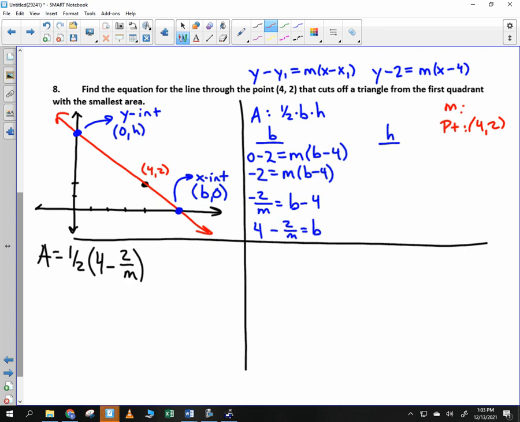Now I'm going to do the same thing for h. Notice my equation for my line. What am I going to plug in for x and what am I going to plug in for y? 0 for x and h for y. So I get h minus 2 is equal to m times 0 minus 4.